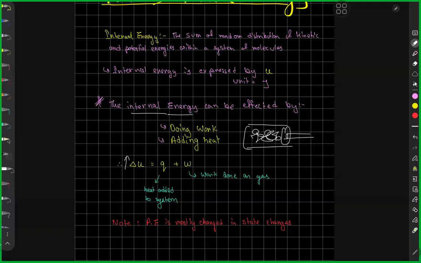We are providing less space, more collisions take place, and they gain velocity. So kinetic energy increases, temperature also increases, hence internal energy increases. So one way is doing work on the gas, reducing the space. The other way to raise internal energy is adding heat to the system. If I heat up the system and increase the temperature, again, internal energy increases.